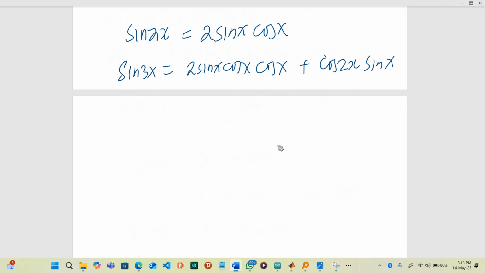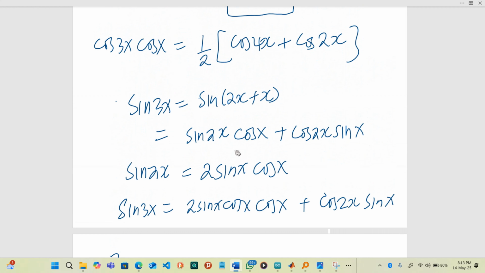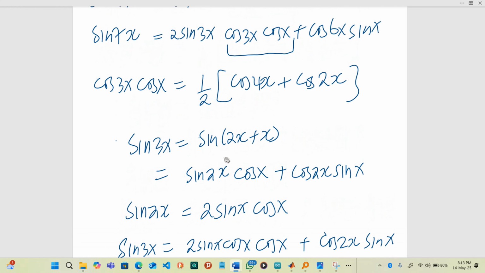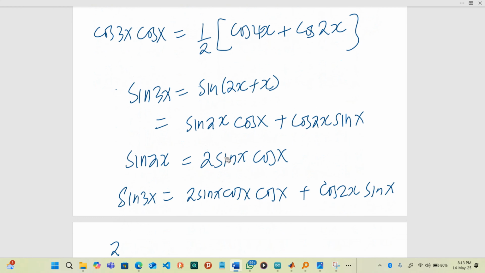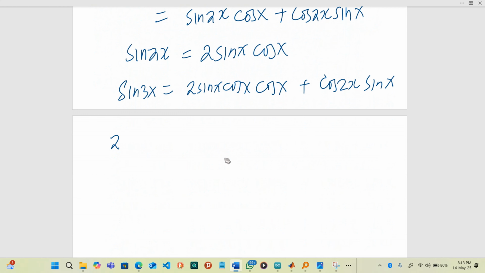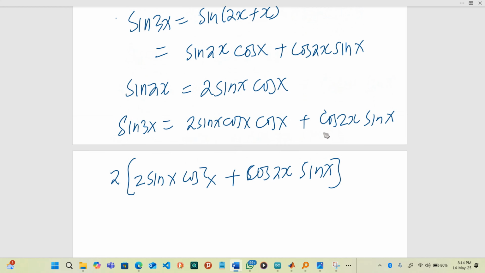So we can bring it here again. So we have 2 into the sine 3x. So this is going to be 2 sine x cos squared x plus cos 2x sine x.